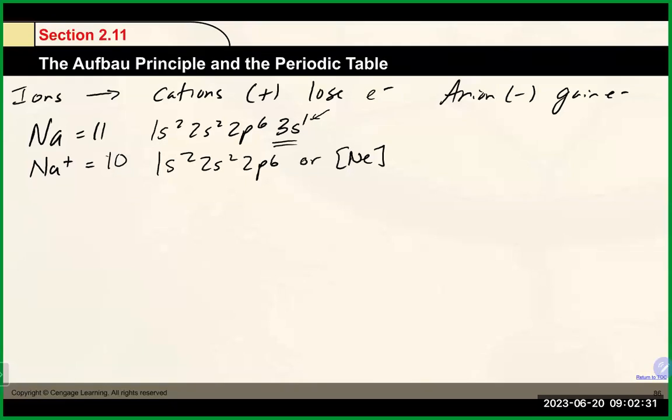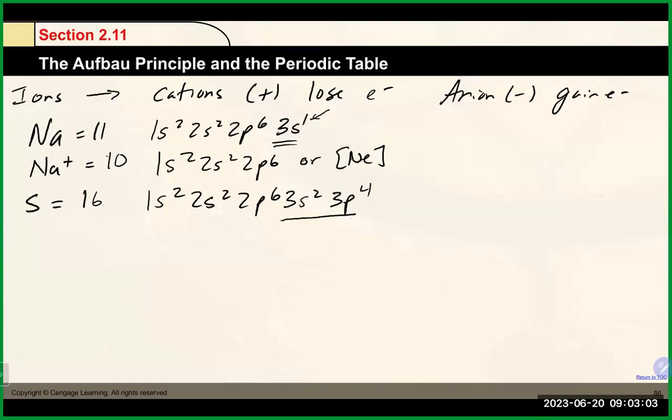Now, if we look at something like sulfur, which is number 16 up there, I think. Sulfur would have an electron configuration of 1s2, 2s2, 2p6, 3s2, 3p4 in this case. Sulfur being group 6, again, has those 6 as its valence electrons.